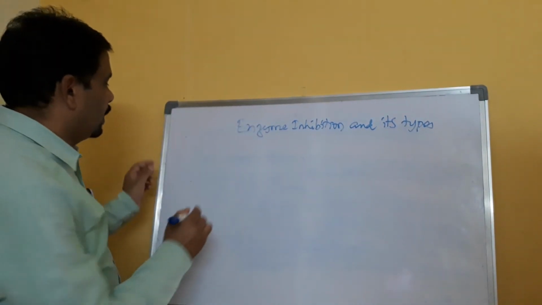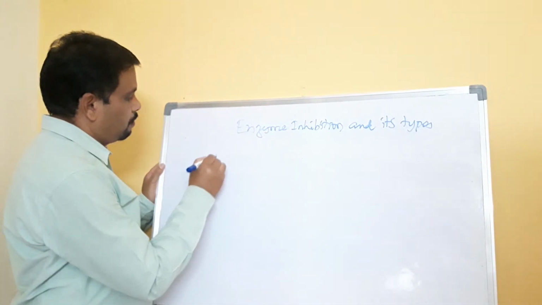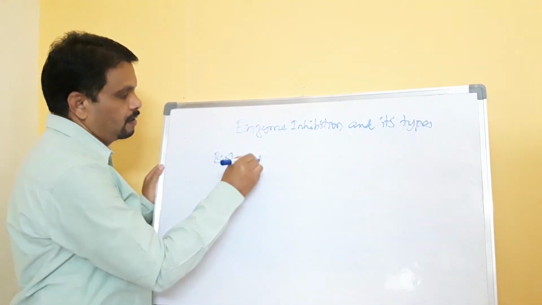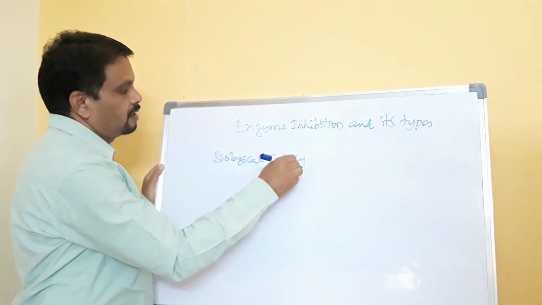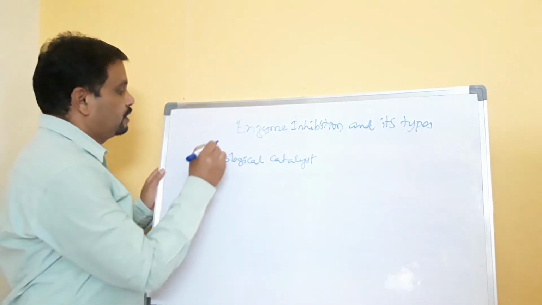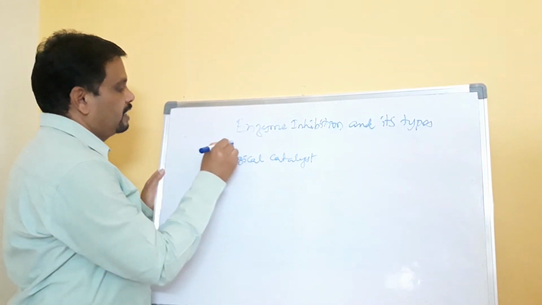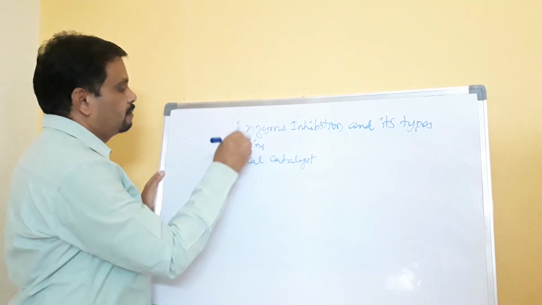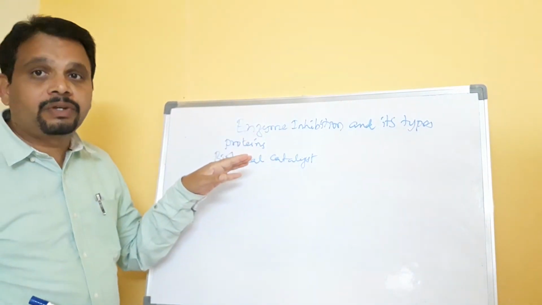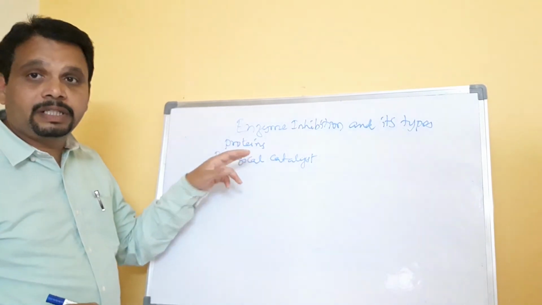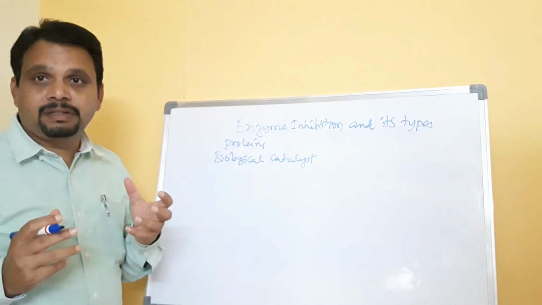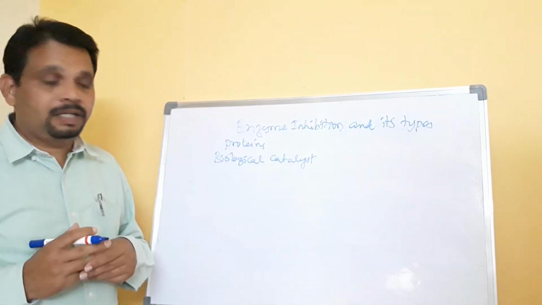Enzymes are biological catalysts. First of all, enzymes are nothing but proteins, right? Their chemical structure you can understand: if it is protein, that means enzymes are made up of amino acids, monomers, right?